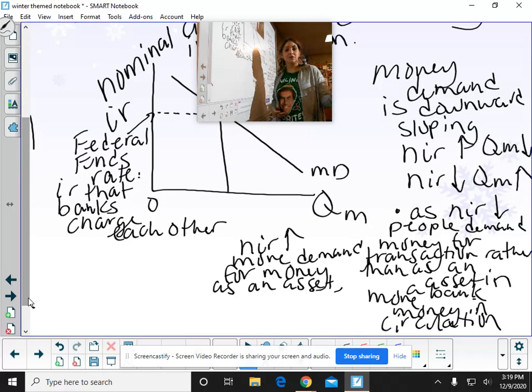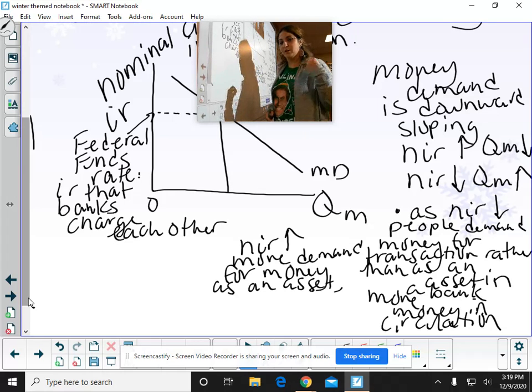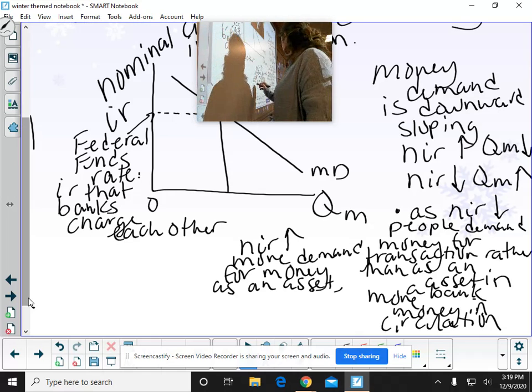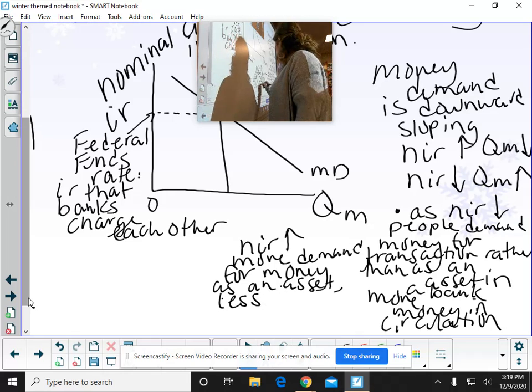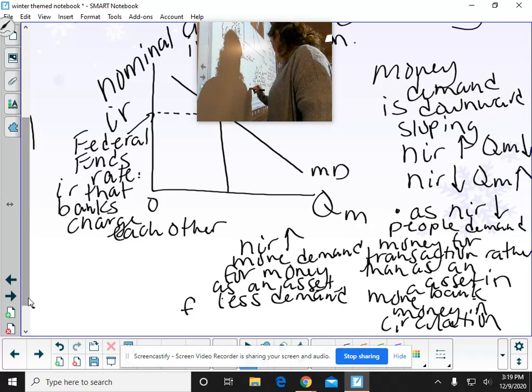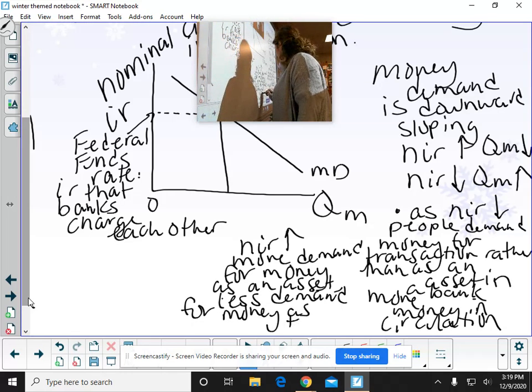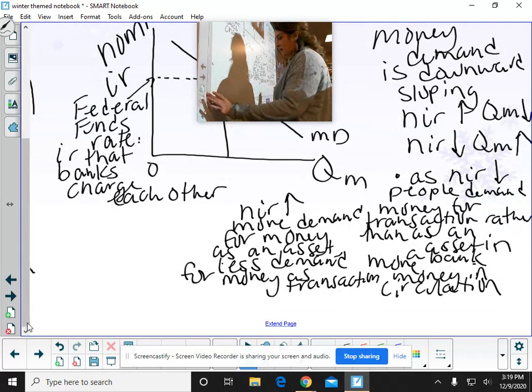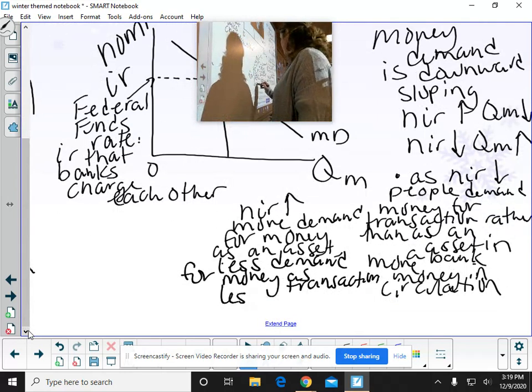I'm going to take it out of circulation and put it in the bank and have my money as an asset, as a savings account, as a way to make money. So there's more demand for money as assets, less demand for money as transactions, and therefore there's less money in circulation.